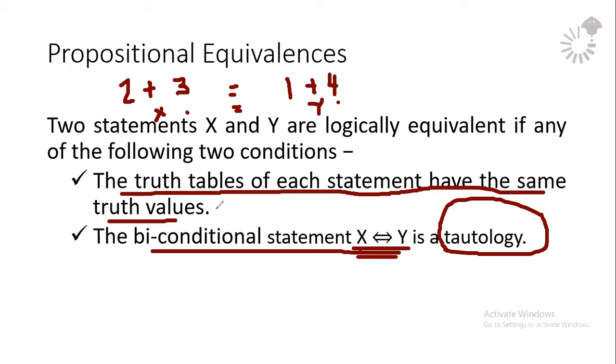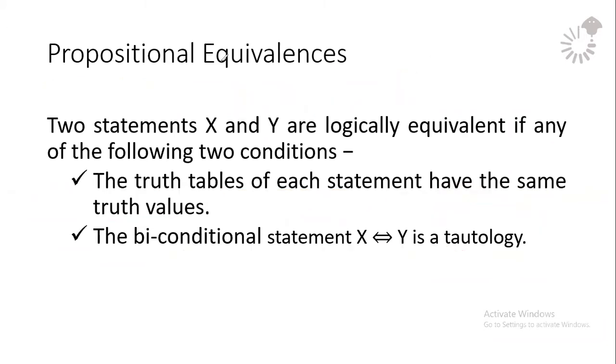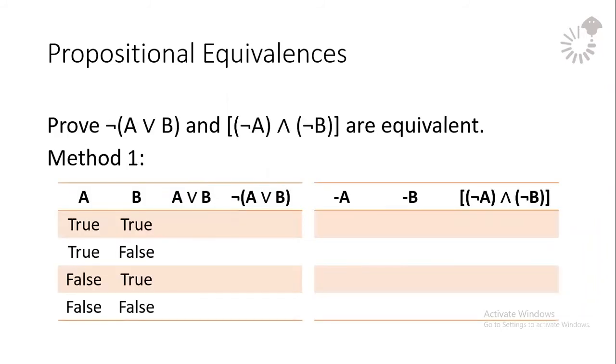First method, if in-execute natin yung statement and pareho ng value, so 2 plus 3 is 5, 1 plus 4 is 5, pareho ng value, equivalent yung statement. By conditional, kapag binay-conditional natin yung X and Y and the output is puro true or tautology, equivalent yung X and Y. Let us practice.